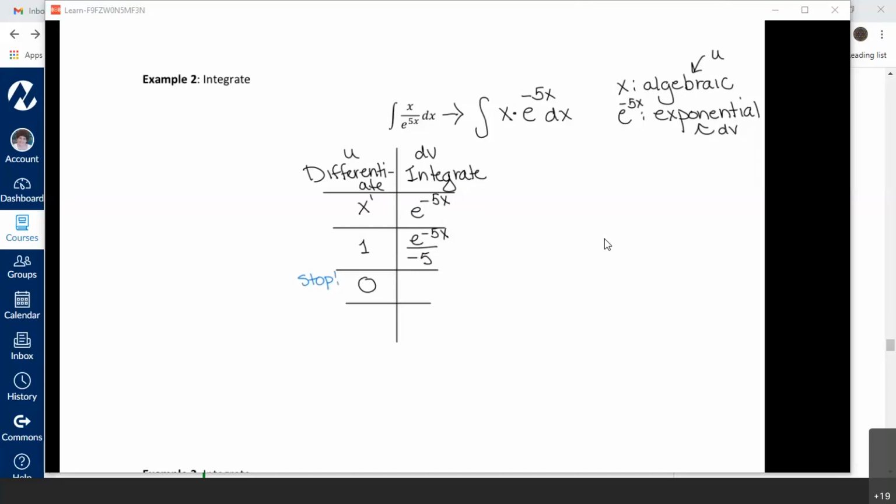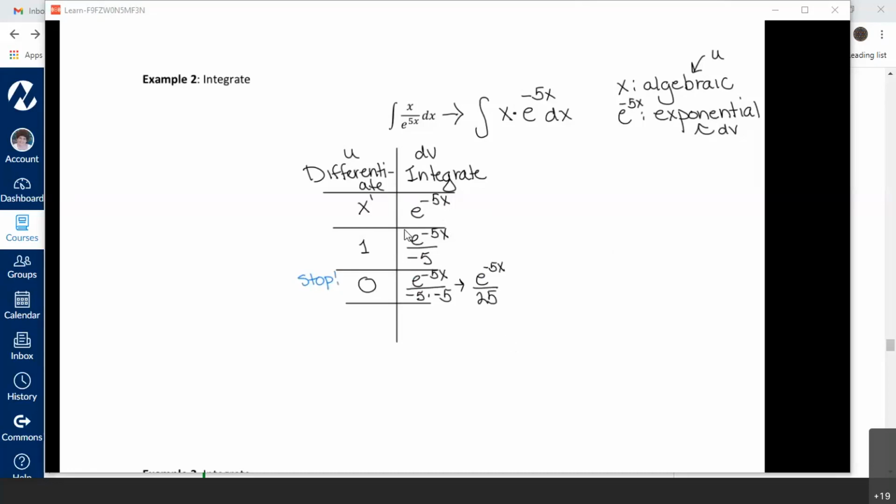Now, here's the trick. If I integrate this again, here's what happens. There's a negative 5 down here, and I'm going to multiply it by another negative 5. So with this integral, the signs change. This is now a positive 25.